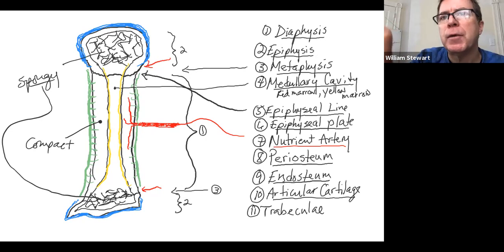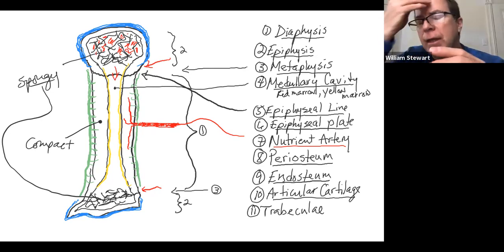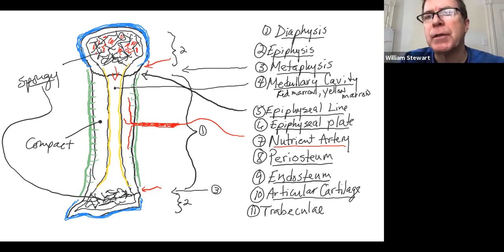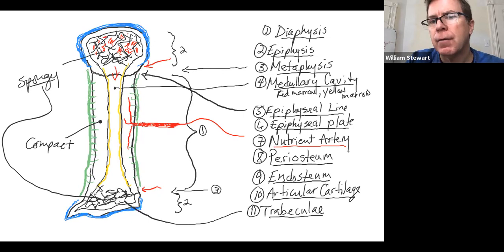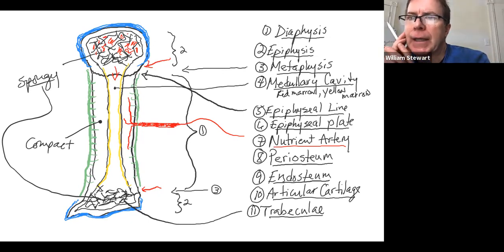And there's red marrow in these spaces. This is an adult bone, by the way. If it was an infant's bone, a newborn's bone, there would also be red marrow going down into the medullary cavity. But this is an adult bone, and so there's fat or lipids stored in there. Anyway, this spongy bone that we find in the epiphyses, the ends of long bones, those little bone needles or struts or spicules are called trabeculae. I'll go into detail about how spongy bone functions a little bit later.